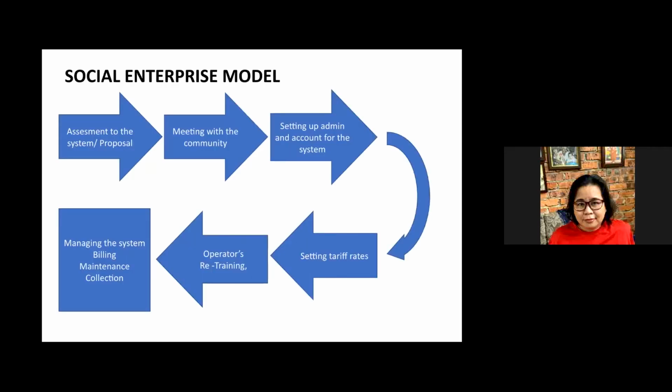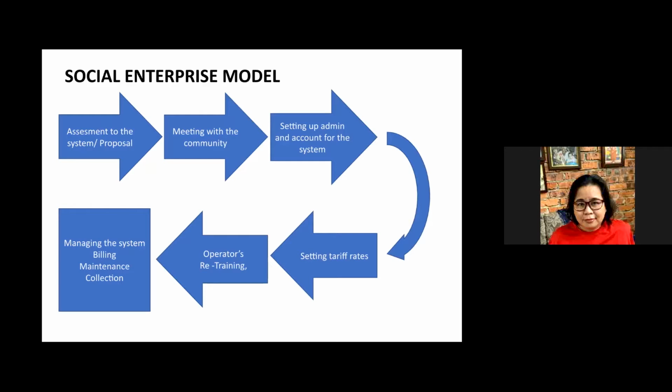So this is the Tonibong social enterprise model. Usually in certain projects, after the system is installed and has been working for a few years, when it breaks down, we do an assessment of the system and make a proposal to the community.